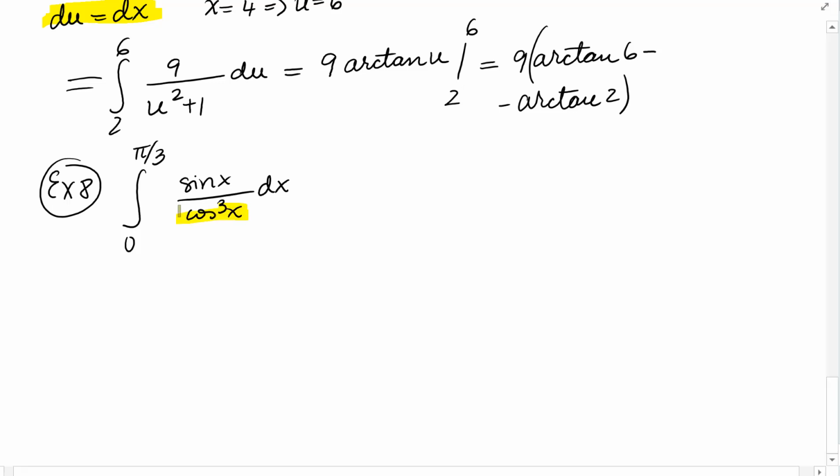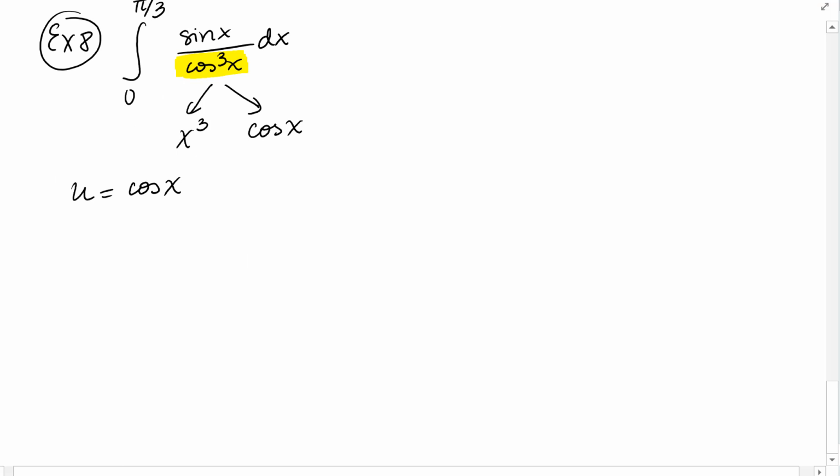So if I look at cosine to the third of x as a composition of functions, the outer function would be x to the third, and the inner function would be cosine of x. So let's set u equals cosine of x as our substitution. So now du is going to be negative sine of x dx, or in other words, sine of x dx is negative du.